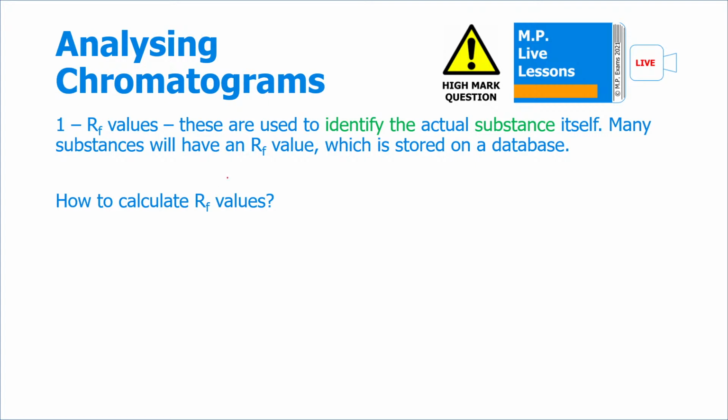So the RF value equals the distance traveled by the, let's say, the ink divided by the distance traveled by the solvent.